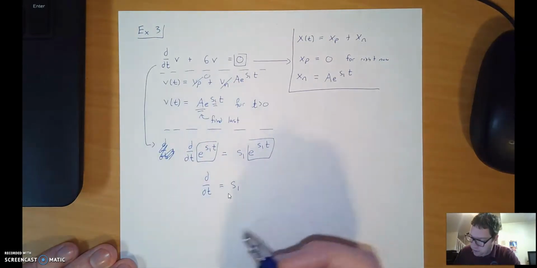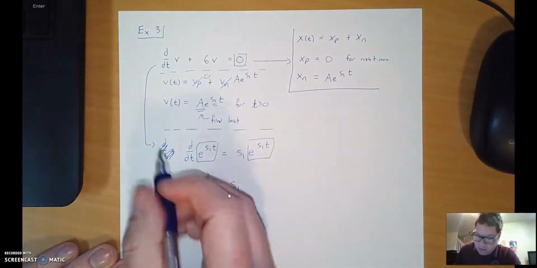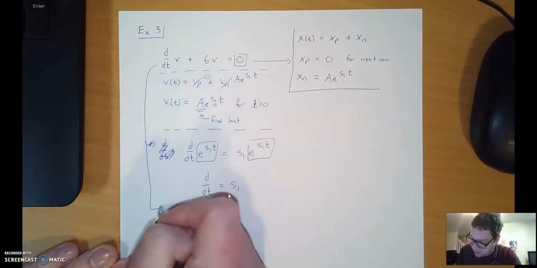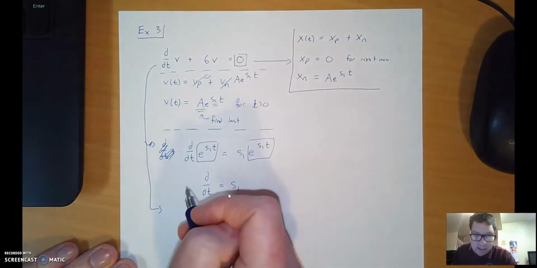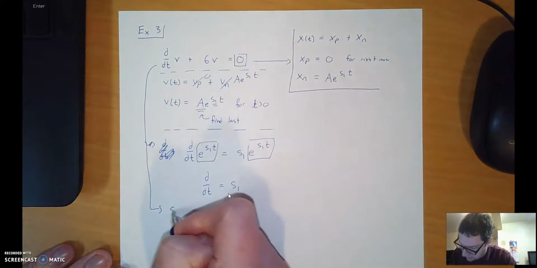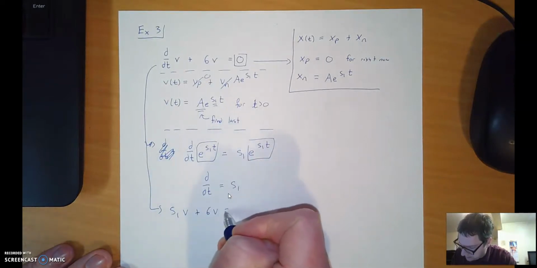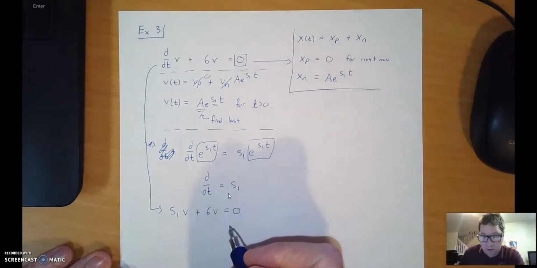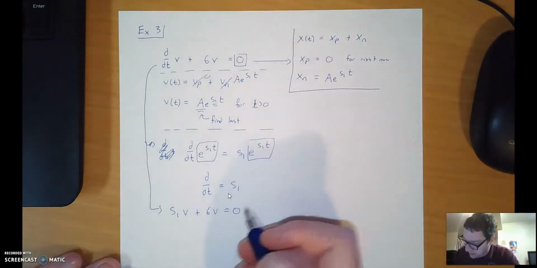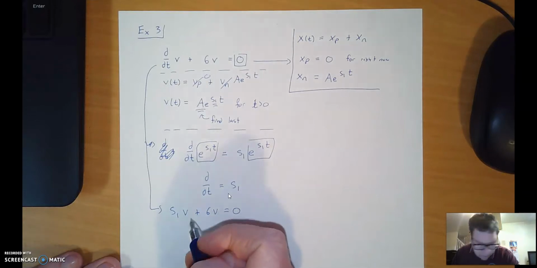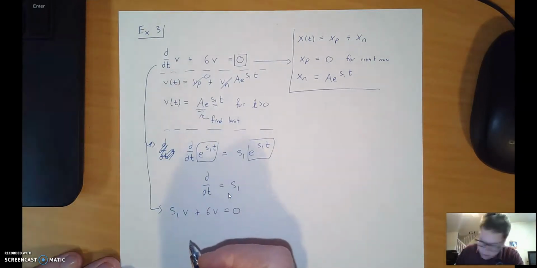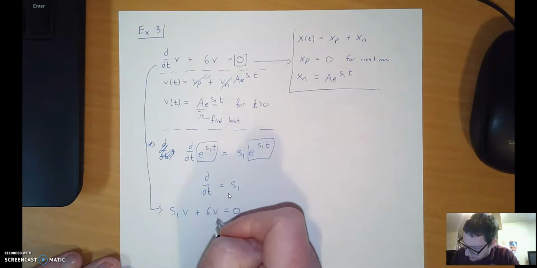So what we do is we bring that equation back down. Instead of writing d/dt of v, we're going to write s1v plus 6v equal to 0. So we do a substitution, is really what we should call this. And then we are going to divide by v.